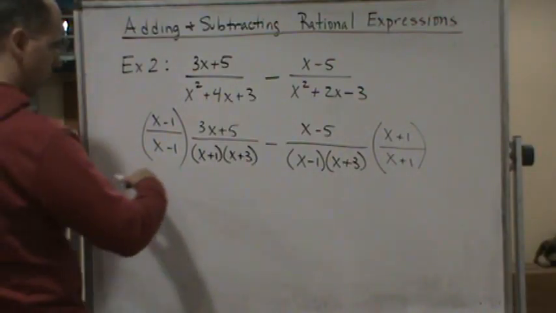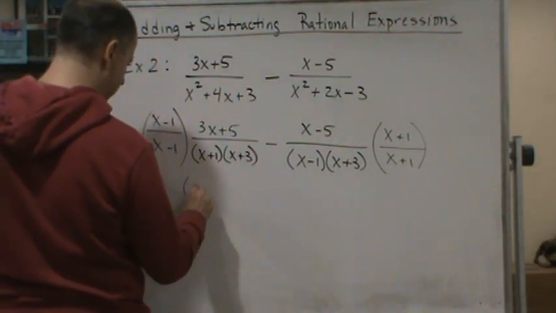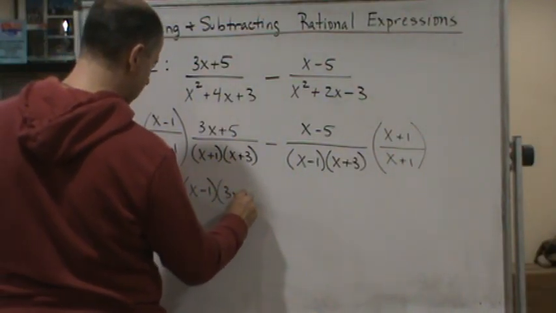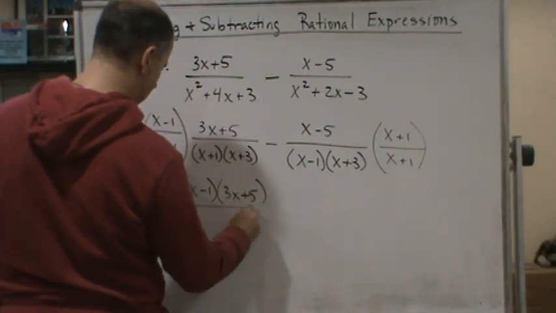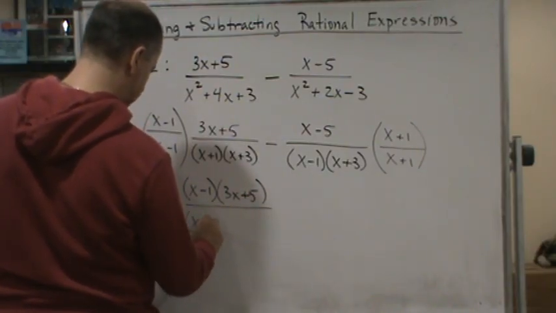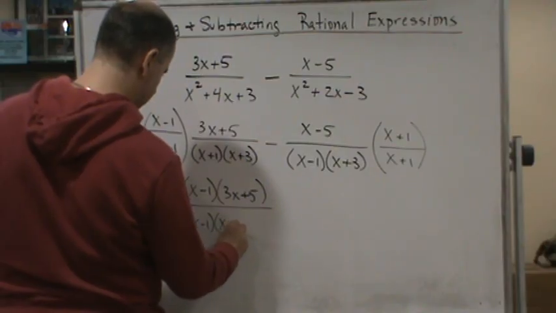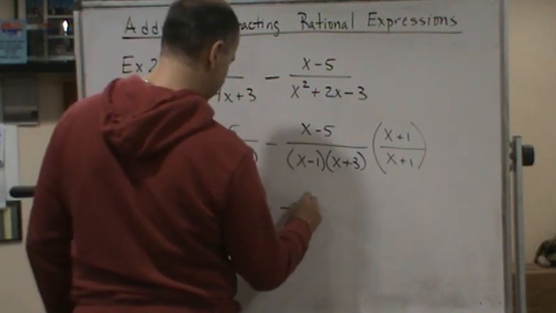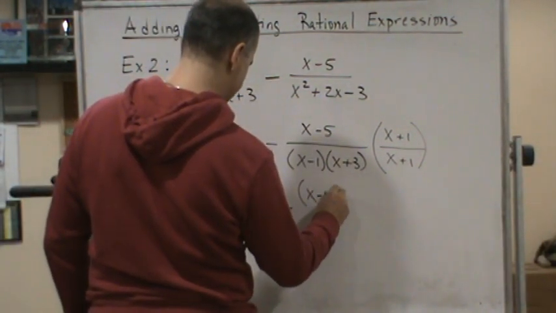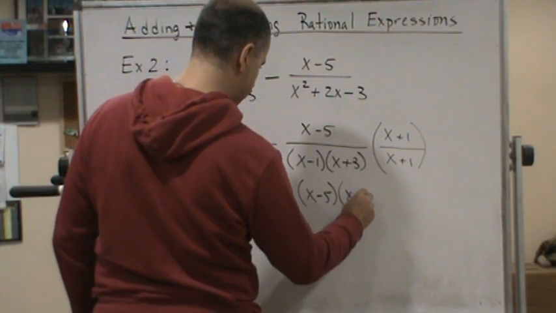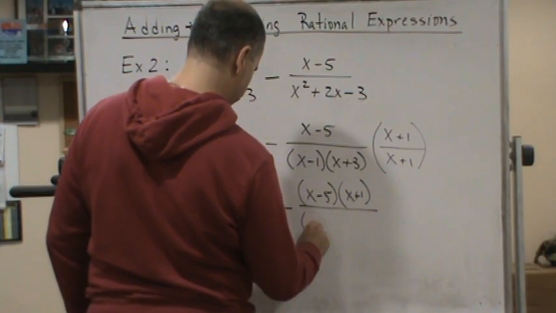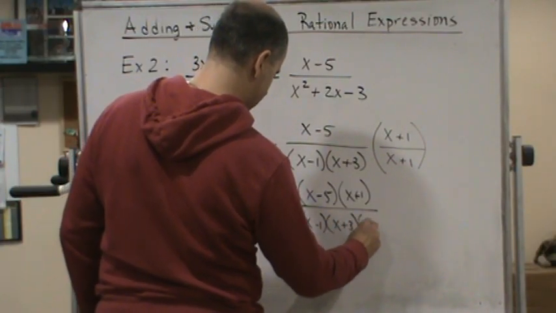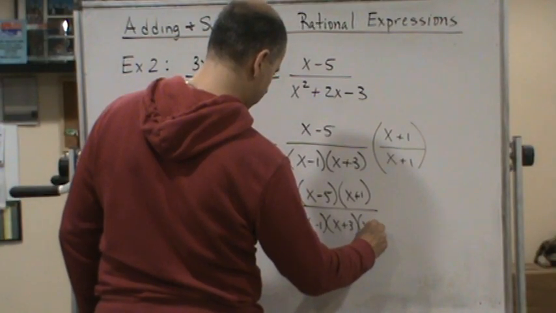And so now, if I combine them, I get x minus 1 times 3x plus 5 over x minus 1, x plus 1, x plus 3 minus x minus 5 times x plus 1 all over x minus 1, x plus 3 times x plus 1.